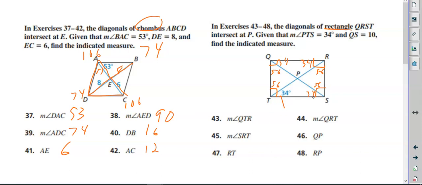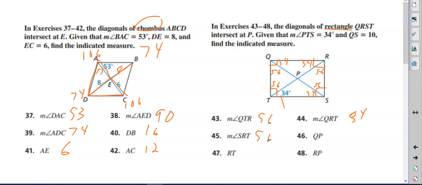Okay, so QTR is 56. QRT is going to be 34. SRT is going to be 56.